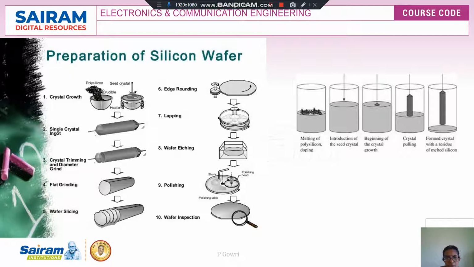The single solid crystal will be trimmed, then the diameter will be ground, and then we go for flat grinding. Then we will have it as a wafer. The wafer is a flat, very thin material of some micrometer thickness, and then it goes through further processes like lapping and polishing, and is finally inspected to get our original silicon wafer.